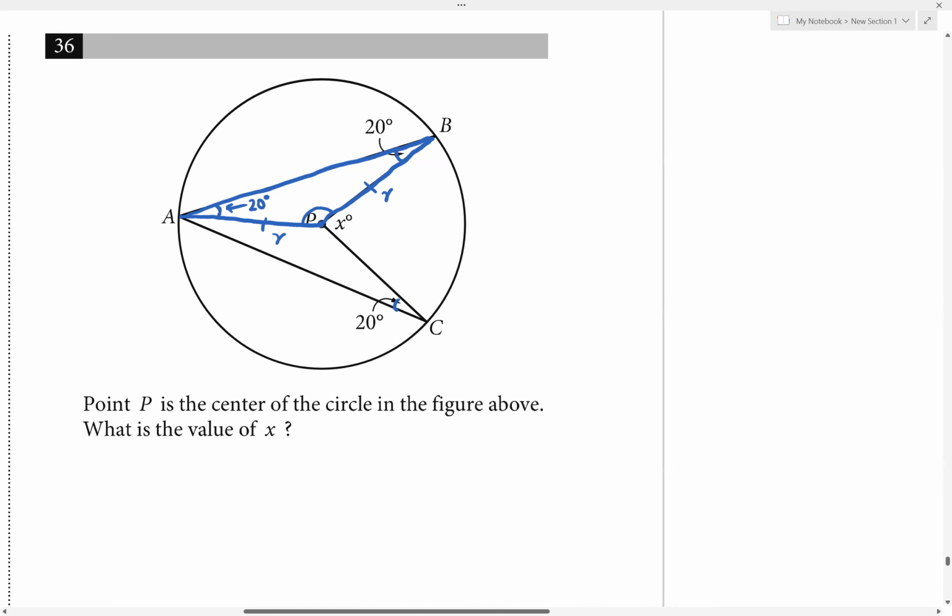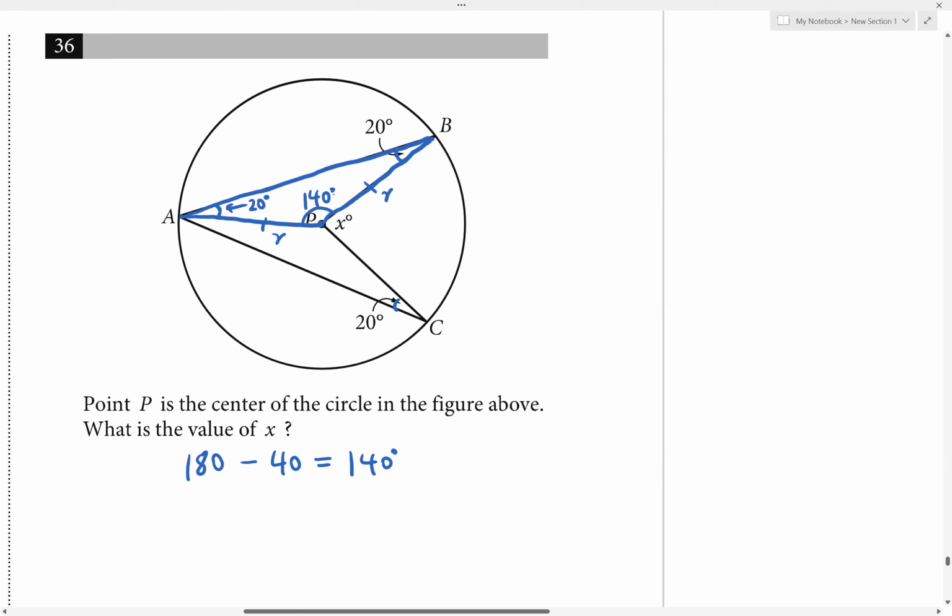So we have 20, 20, and the other angle should be 180 minus, if we do 20 plus 20, that's 40. So 180 minus 40 is 140 degrees. This angle right here should be 140 degrees.